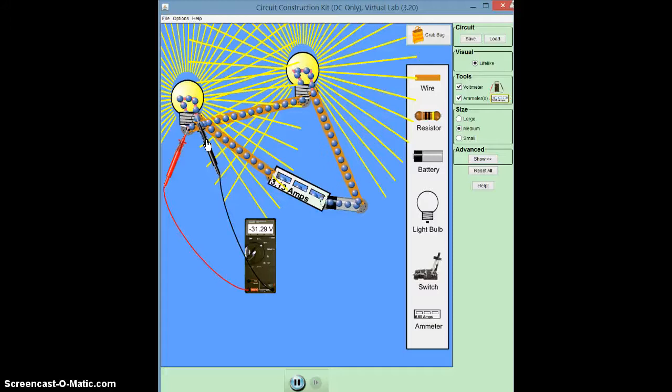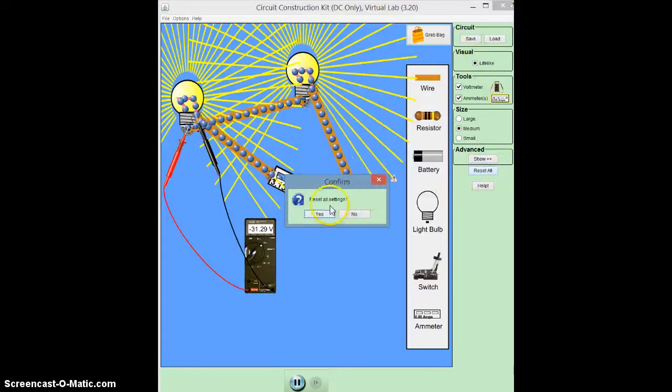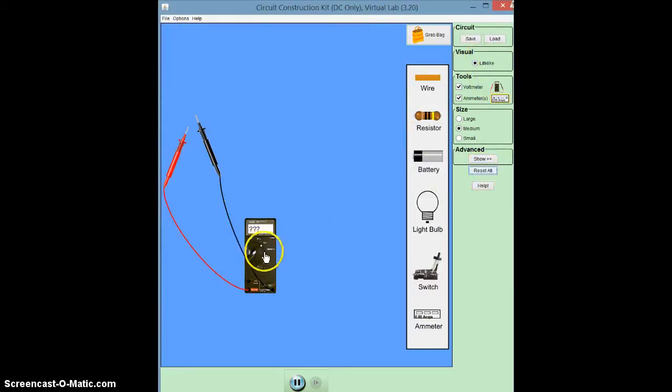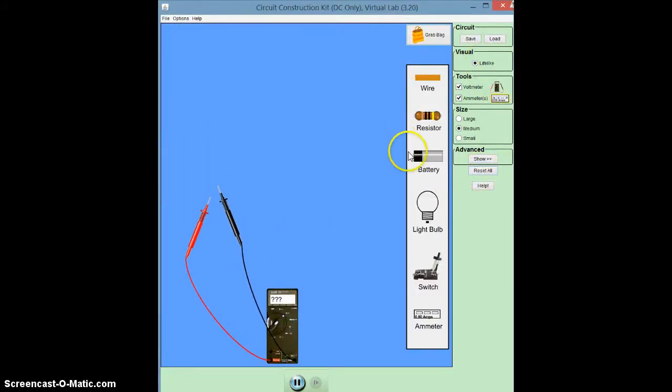Okay, now it wants me to make a circuit that has 2 bulbs, but each in a separate loop. I'm just going to reset this. Just get this out of my way. So now I'm going to take one battery, and I need a bulb.